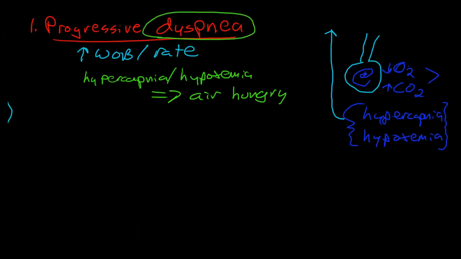Now, why is it progressive? Well, as I hinted at in the prior section, both emphysema and chronic bronchitis cause injury and inflammation to the lungs.